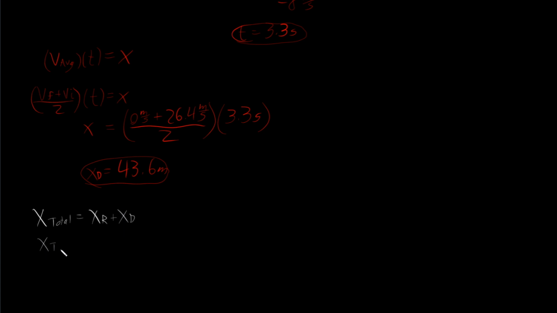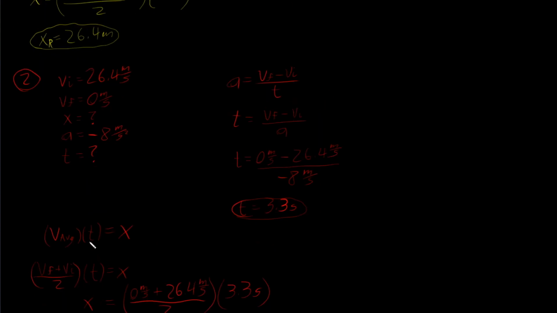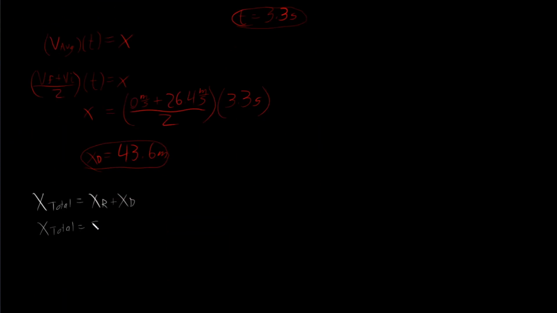So our x total distance is just equal to, this one was 26.4 meters plus 43.6 meters. So x total ends up becoming 70 meters, and that is the final answer to this question.